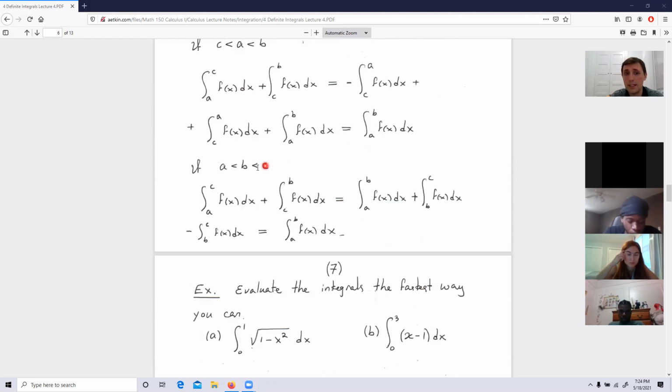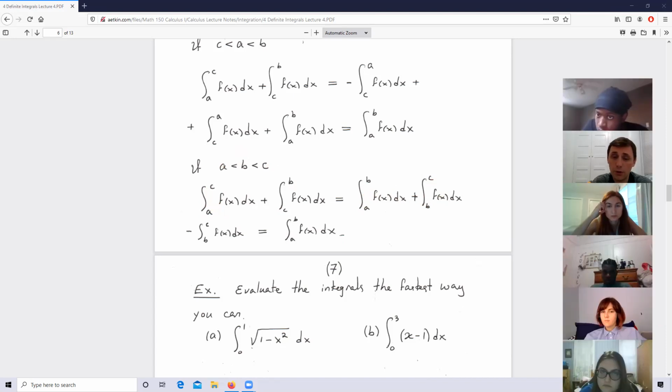And then, of course, if c is bigger than both of them, the integral from a to c plus c to b, I can break the integral from a to c into the integral a to b plus the integral b to c, because now b is in between. I'm using the fact that b is in between. I break it from a to b and then from b to c. You follow me, yes?